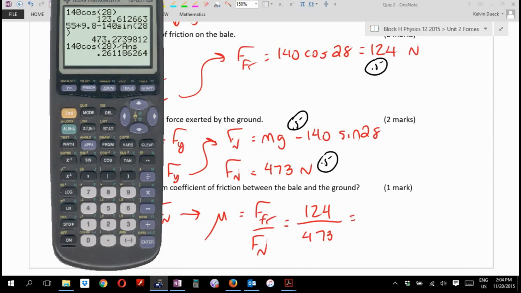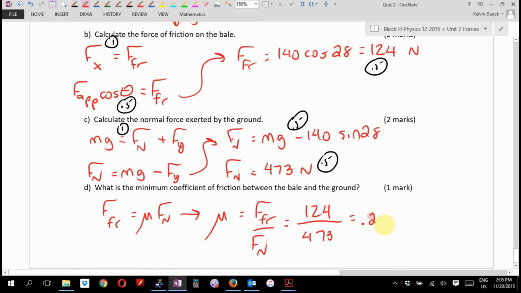Do you get a mu of about 0.26? I'll go 0.261. I'd take 0.258, 0.259, somewhere in that range. No units. I would probably go 1 mark for that, half mark for the numbers, half mark for the answer.